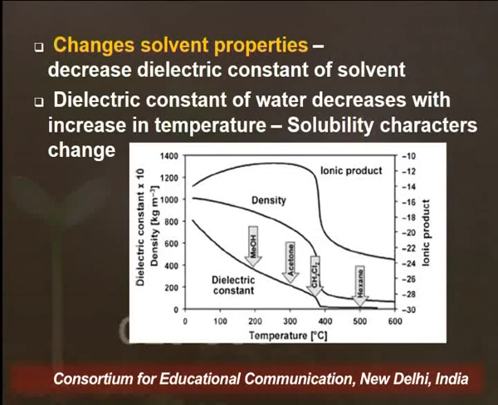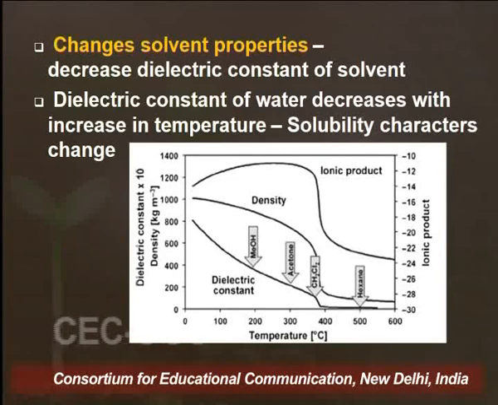You further increase the temperature to 400 degrees Celsius, then water has similar solubility properties as that of dichloromethane or chloroform. Now as we are increasing the temperature, the nature of the water is changing towards non-polarity. If we further increase to 500 degrees Celsius, then water has solubility characteristics similar to those of hexane.